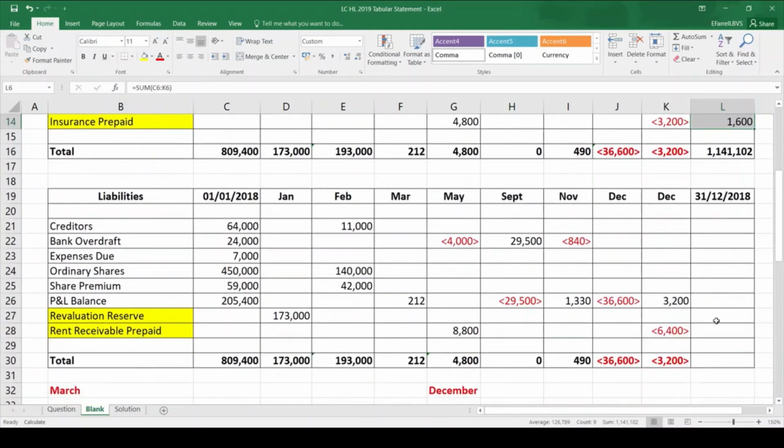Now, we need to add up our liabilities. So first of all, I'm going to add creditors, which come to 75,000. Bank overdraft, which comes to 48,660. Expenses due, 7,000. Ordinary shares, 590.